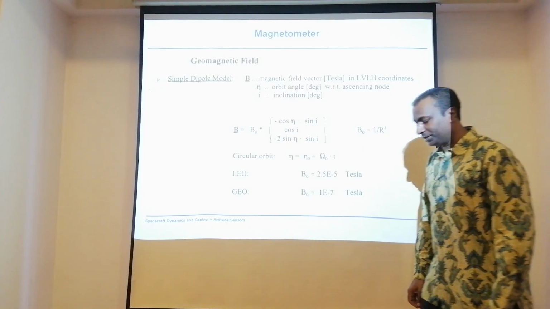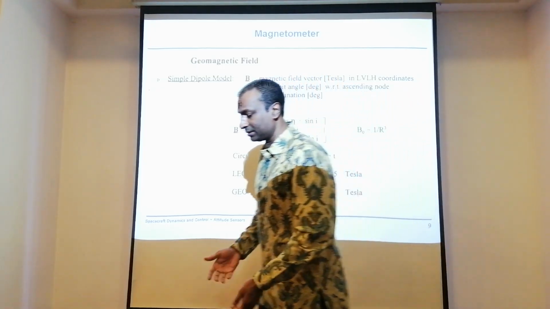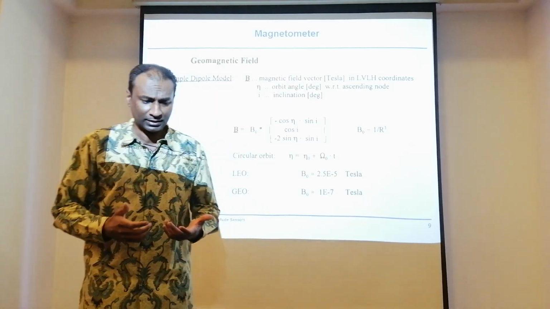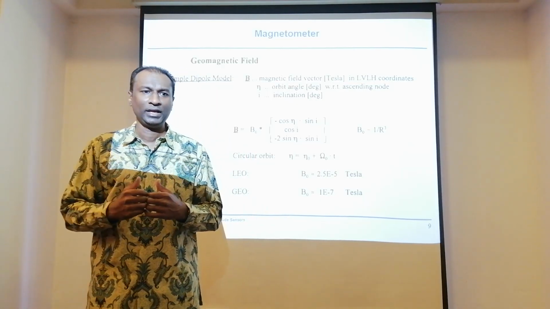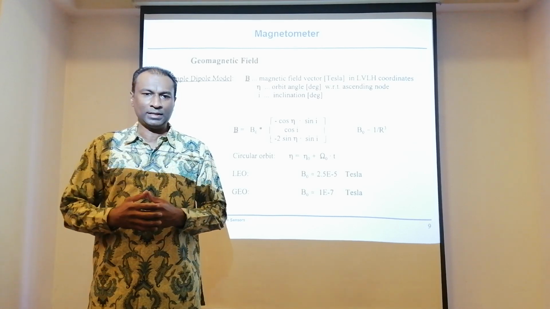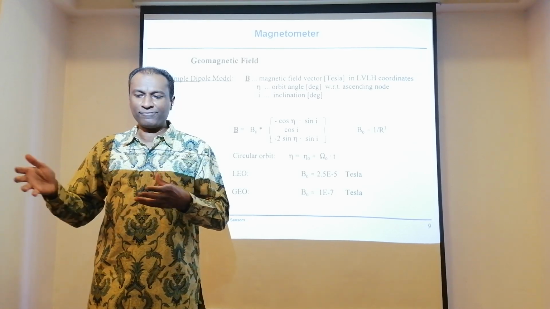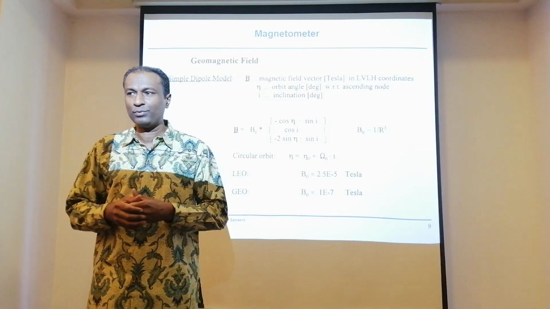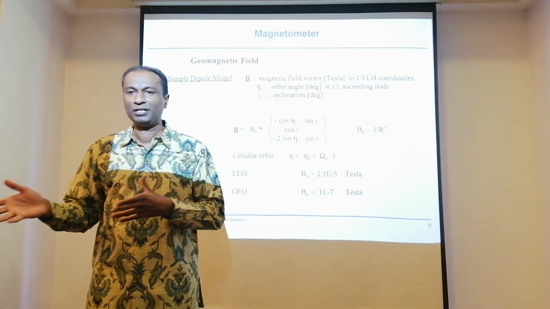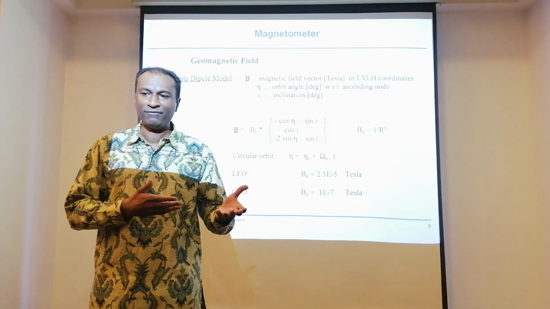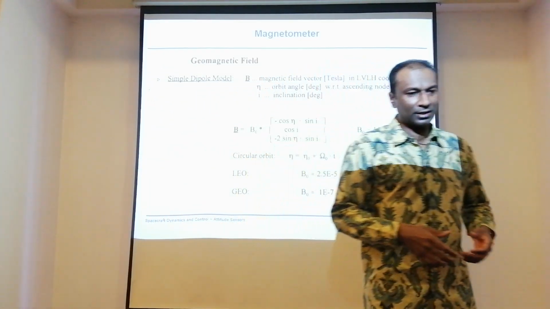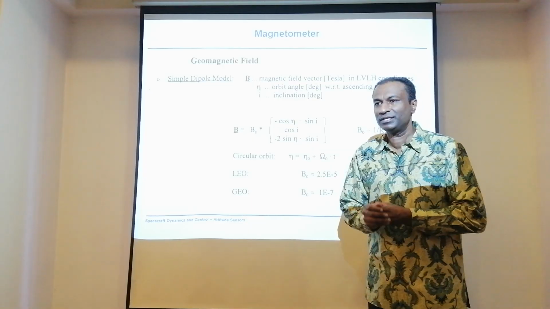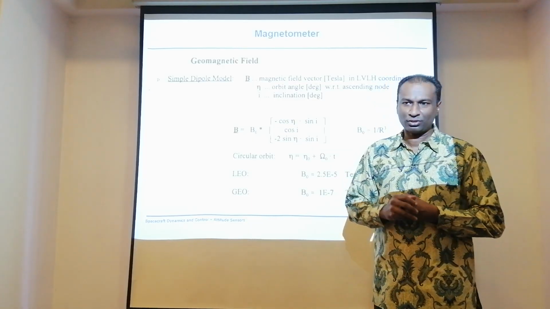Magnetometers. Now, magnetometers, as we have discussed, the magnetic field disturbs us, in terms of disturbance. But on the other hand, we also have magnetotorquers, where we use the magnetic field to benefit the actuation. On top of it, the magnetic field allows us to do attitude estimation.